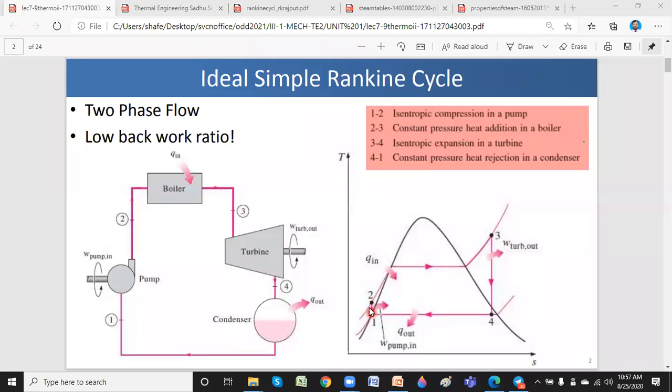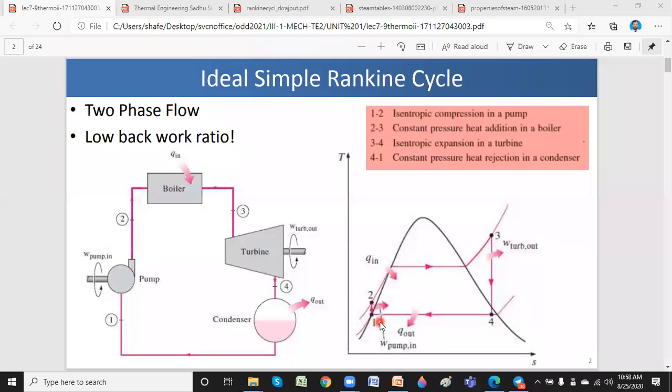So that is the pressure difference, P2 minus P1, where P2 is the boiler pressure and P1 is the condenser pressure, into the volume. Obviously the volume of water doesn't change much. I'll take V1 maybe equal to V2, or just see how much is the difference.